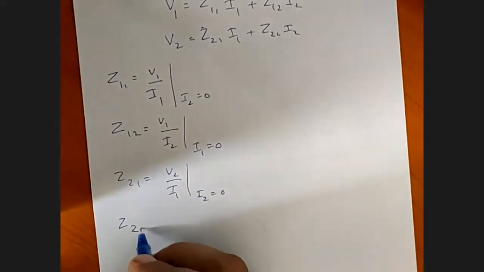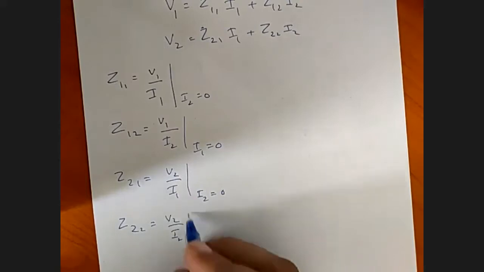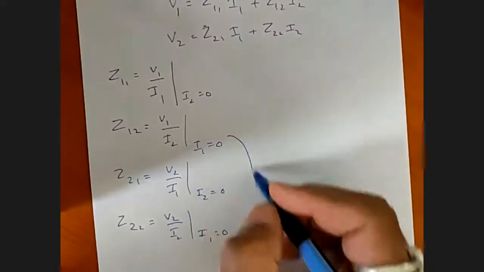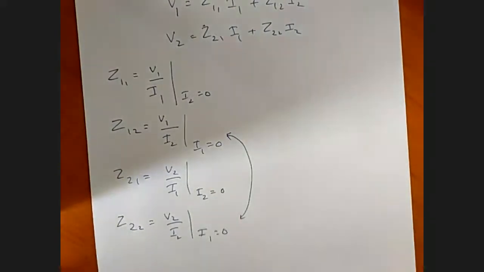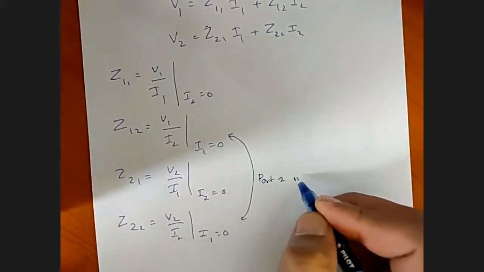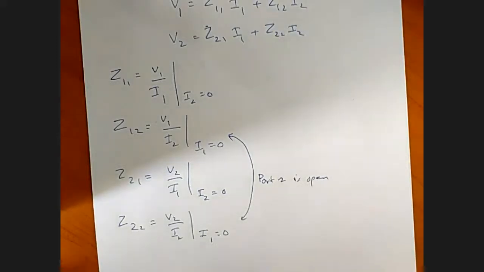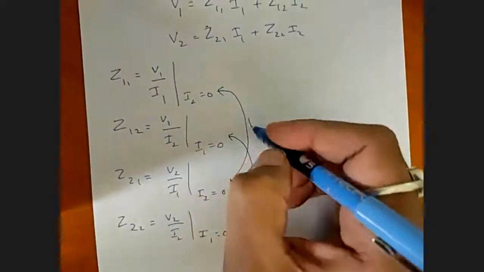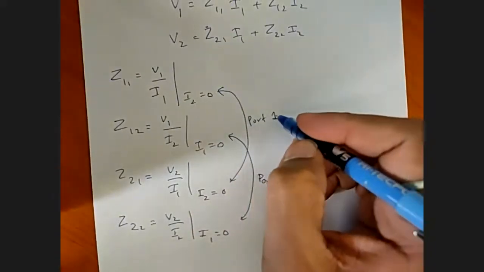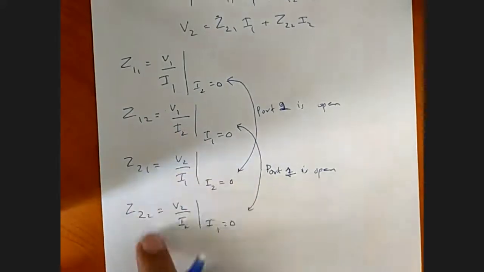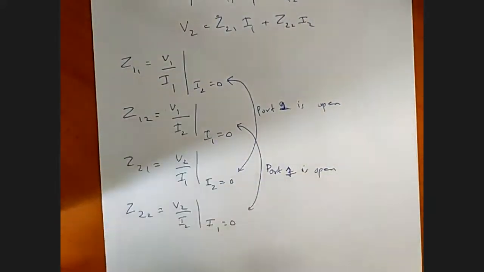And Z22 is V2 upon I2 when I1 equal to 0. So these two parameters are evaluated when port 2 is open. Sorry, port 1 is open. And these two parameters are evaluated when port 2 is open. So these are Z11, Z12, Z21 and Z22. These are your Z parameters.